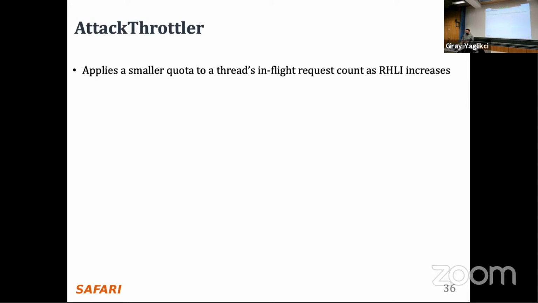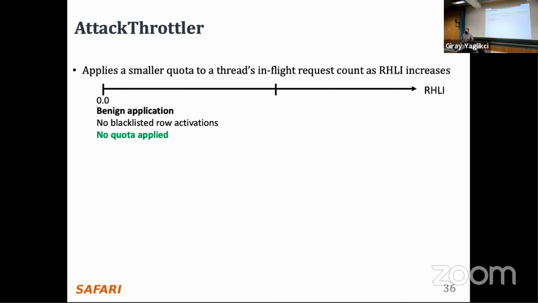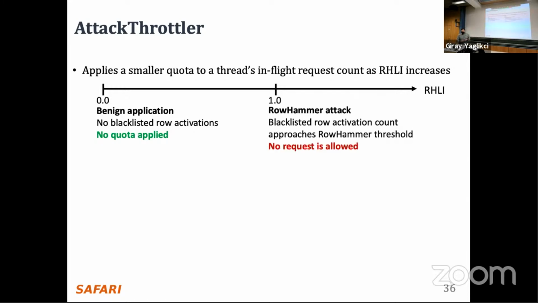So AttackThrottler applies a smaller quota to a thread's in-flight request count as RHLI increases. If the thread is benign, we do not apply any quota. If a RowHammer attack is running and it reaches 1, then after this point, we do not allow any request from this thread.